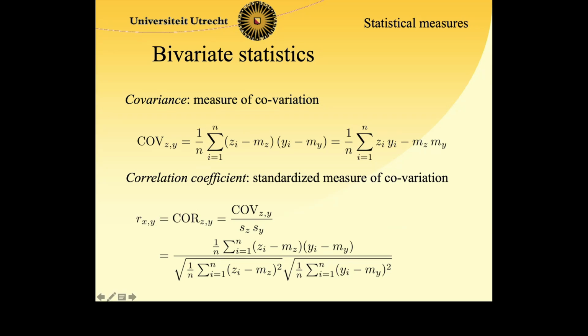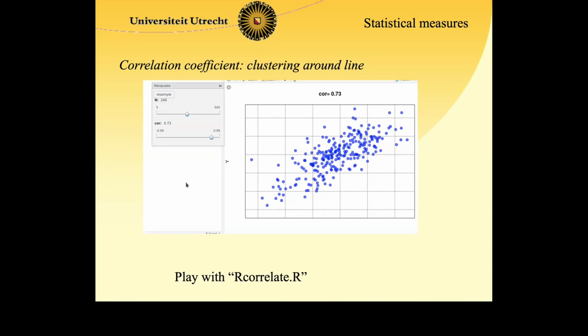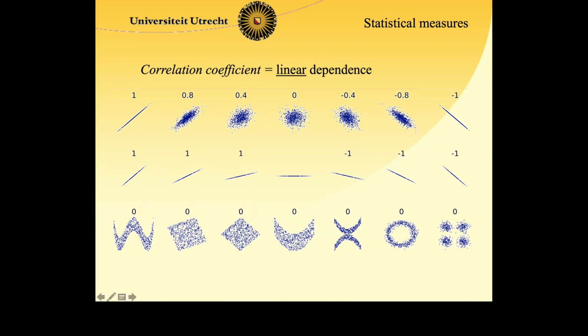We saw this, the correlation coefficient, and this is the little tool that we played around with. It shows you how the correlation coefficient goes from +1 to 0 to -1.